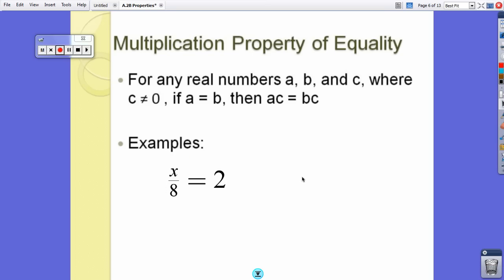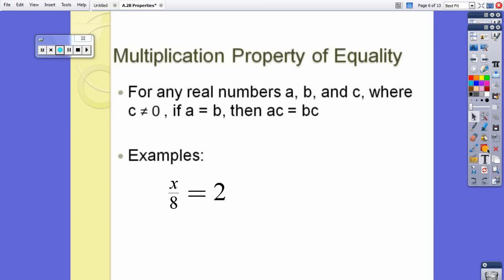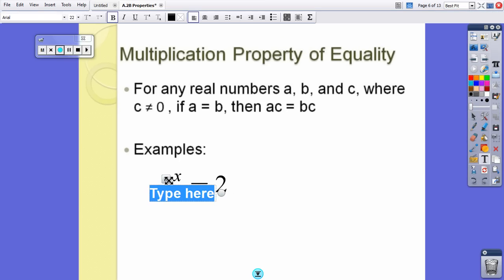Here's the example. We have x divided by 8 equal to 2. To solve for this variable, to get x by itself, we know we have to multiply both sides by 8. So we're going to multiply this side by 8 over here.